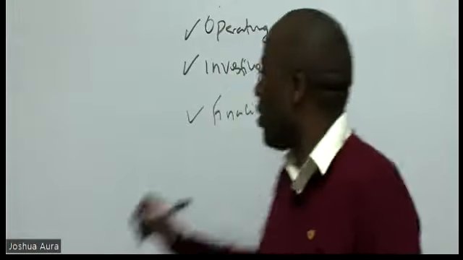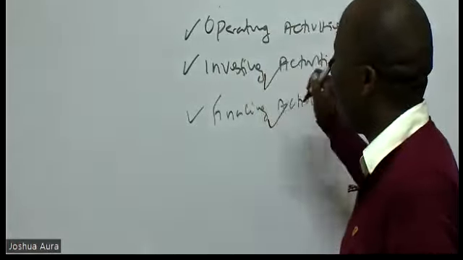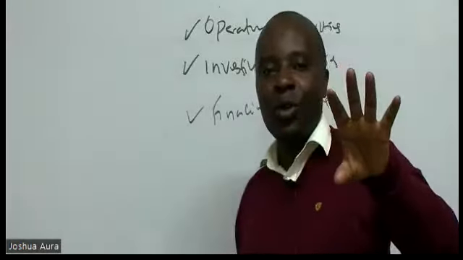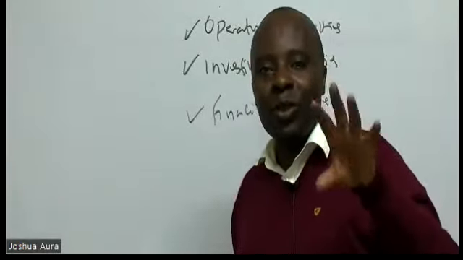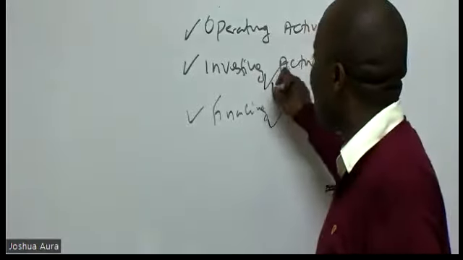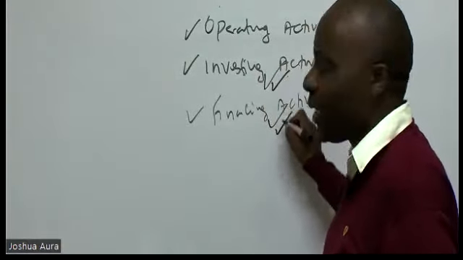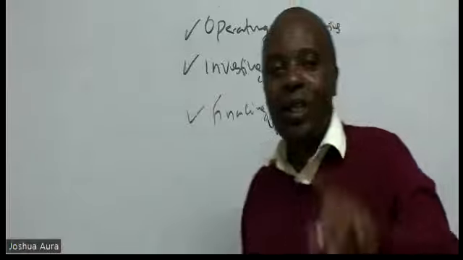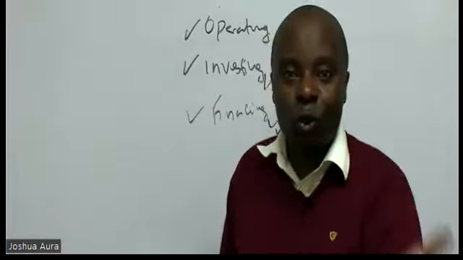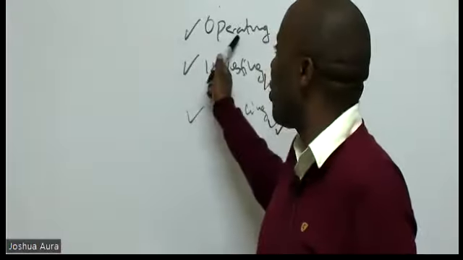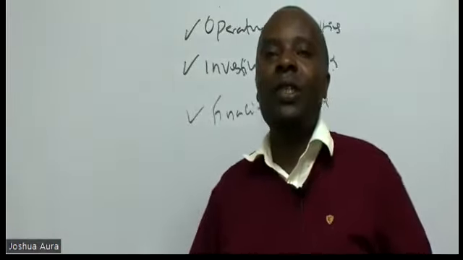Why? Because for these two sections, it doesn't matter the method you use. They will always be the same. The only section which is different between the two methods is how you get the operating activities cash flow.